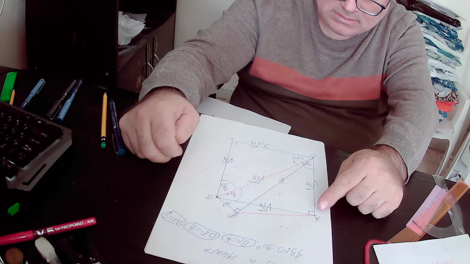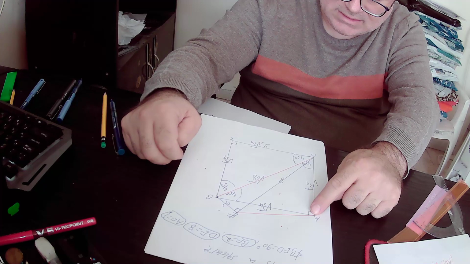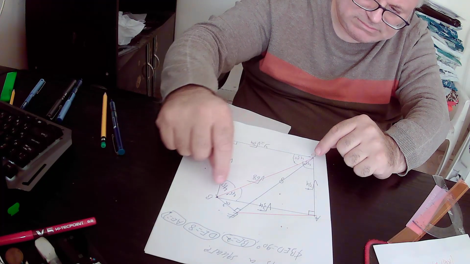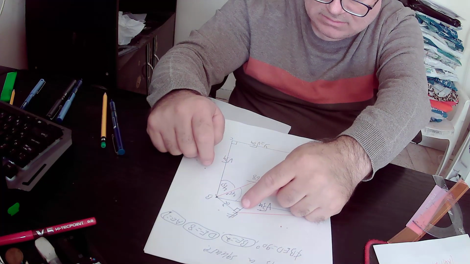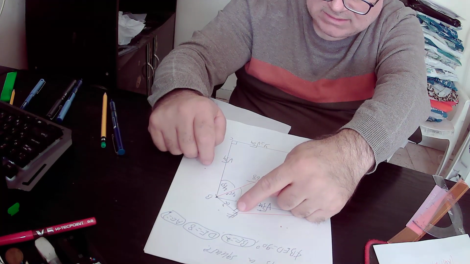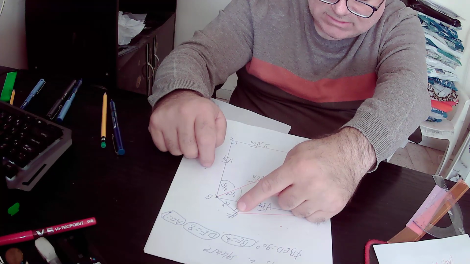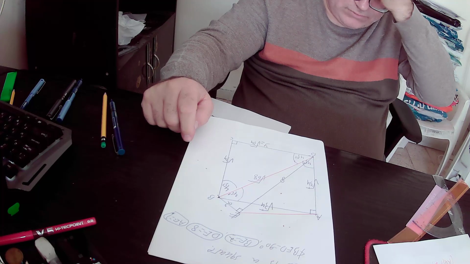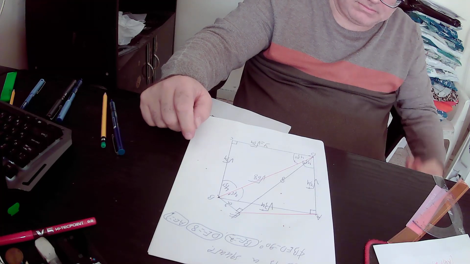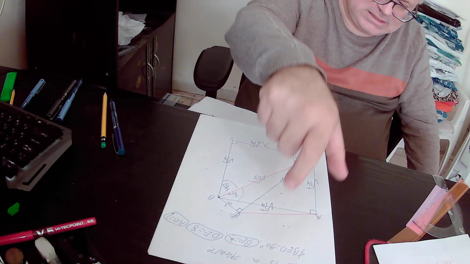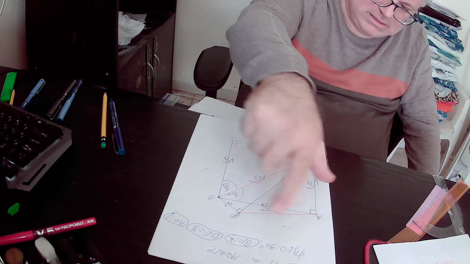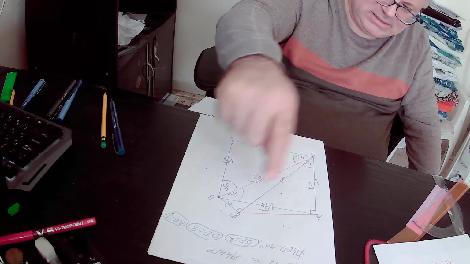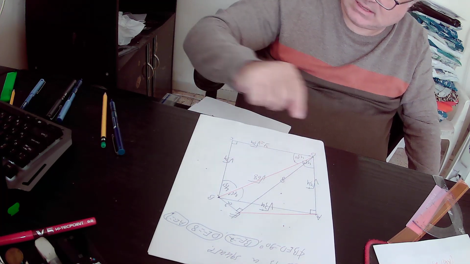Angle BAD is a right angle, and it rests on line segment BD, and angle BED is also a right angle, and it also rests on the same line segment BD. Therefore, according to rule number 2, the quadrilateral AEBD is inscribed by a circle, and the 4 points A, E, B, and D lie on that circle.